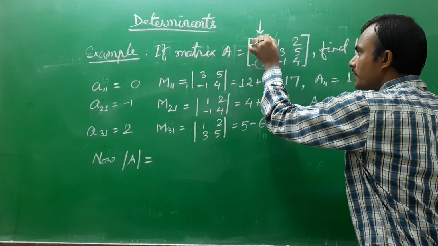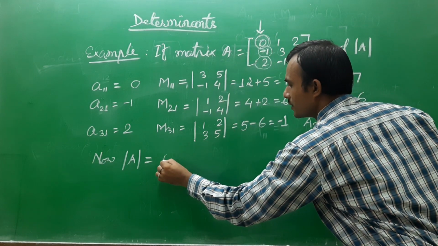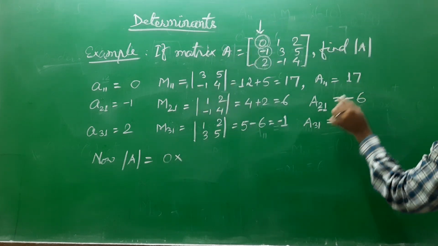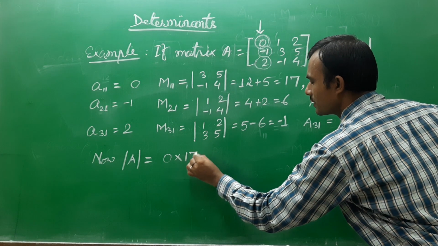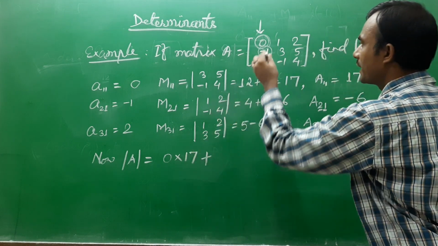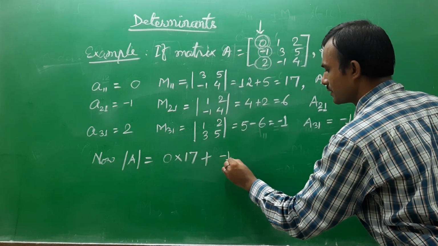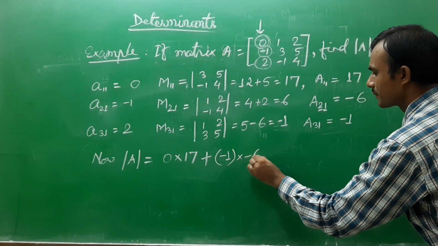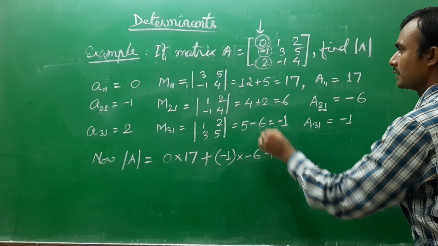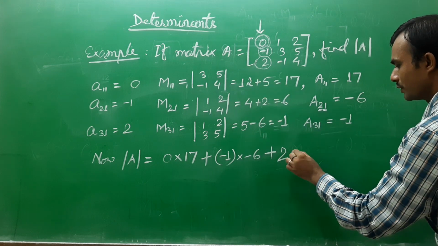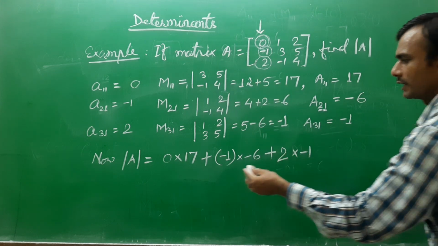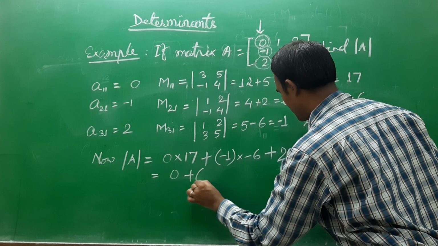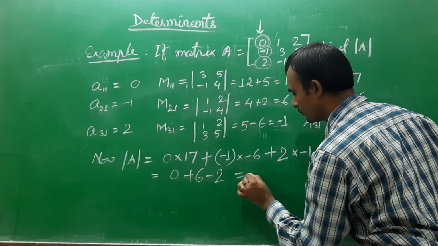So do that: the first element with the cofactor of the first element is 17, plus the second element with its cofactor is minus 6, plus the third element with its cofactor, and then this will be the answer. 0 plus 6 minus 2 equals 4.